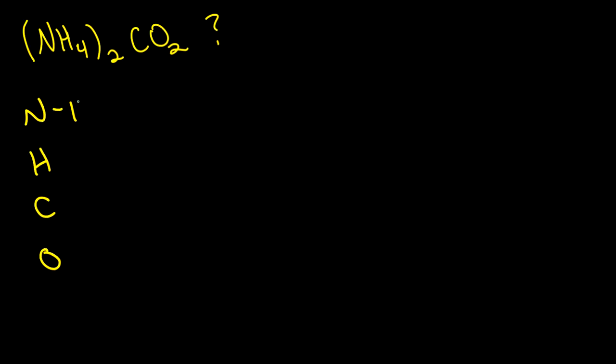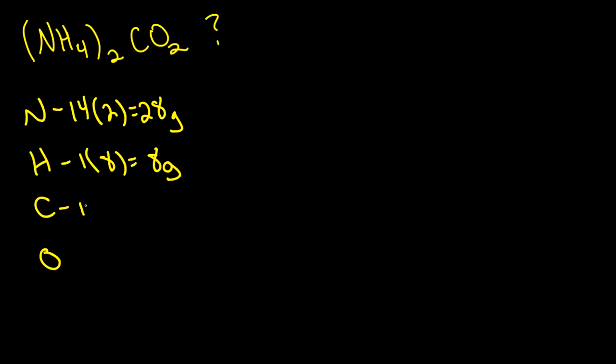So nitrogen is 14 grams. Now there are 2 nitrogens. Since there's a 2 on the outside of this parentheses, it multiplies my nitrogen by 2. So 14 times 2 is 28 grams. My hydrogen is 1. Now 4 times 2 is 8. So there's 8 of those hydrogens. So hydrogen is 8 grams total.